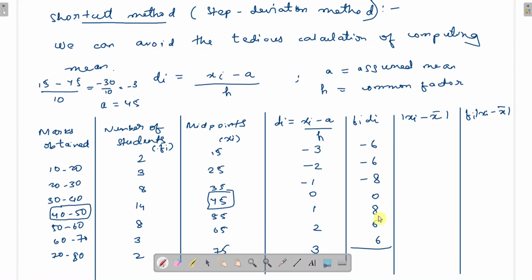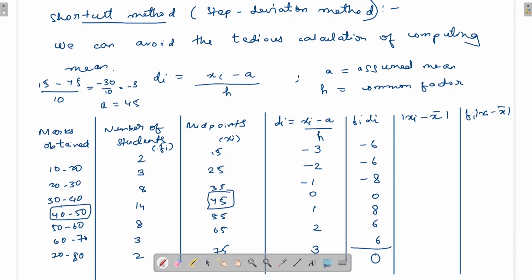Minus 6 minus 6 minus 12 minus 12 minus 8 is minus 20, minus 20 plus 8 is minus 12, minus 12 plus 6 is minus 6, minus 6 plus 6 is 0. Okay.